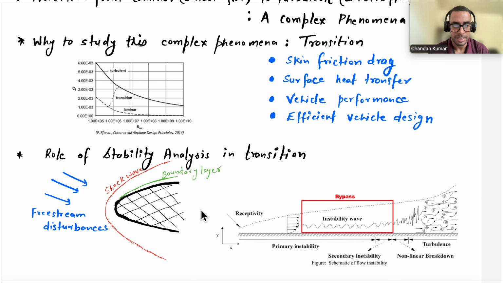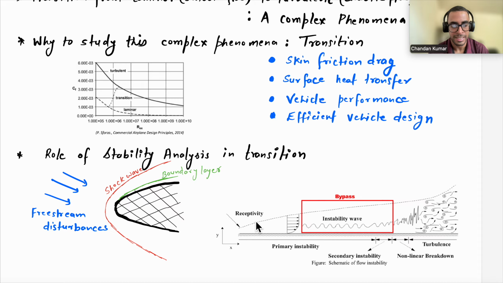So this is a typical schematic that shows what are the different mechanisms that happen in the flow before the flow suffers transition. Here it is showing an enlarged view of what's going on in the boundary layer. So we have a flat plate over here, and we have this dashed line which is the boundary layer edge line.